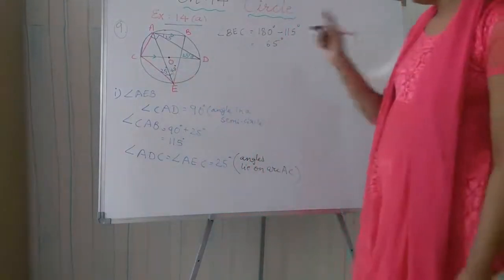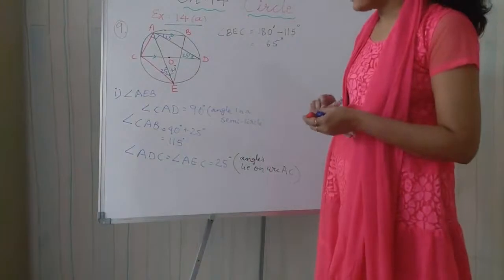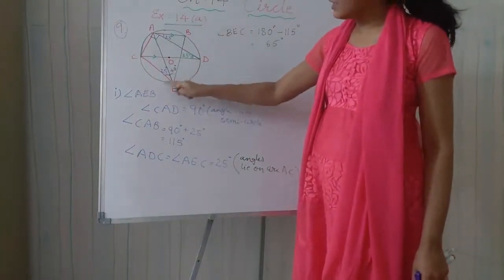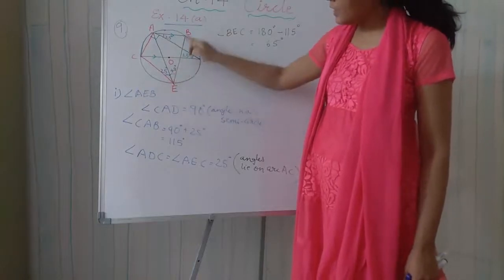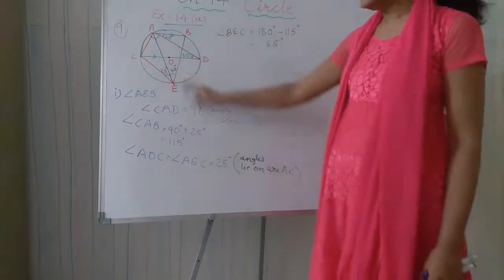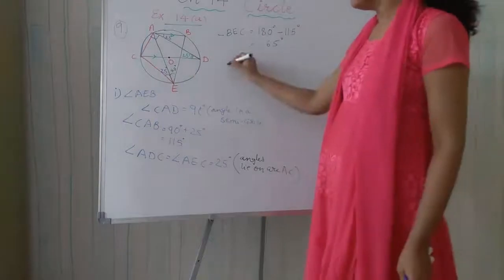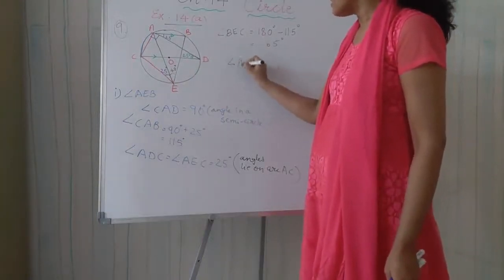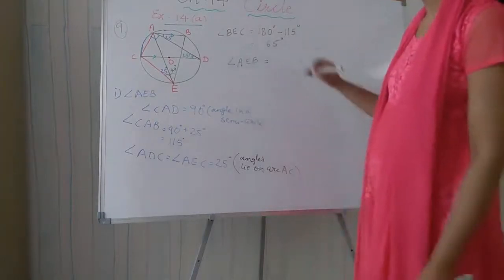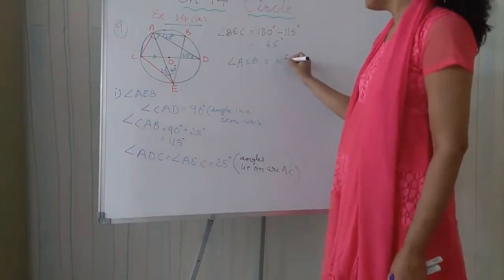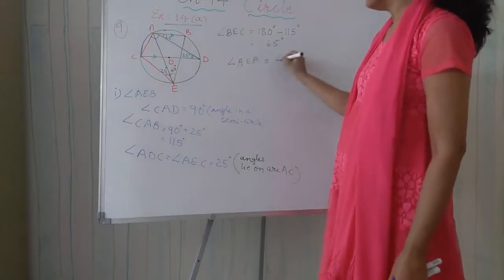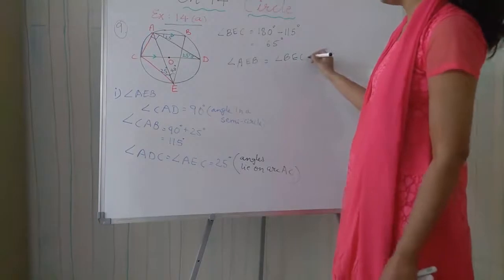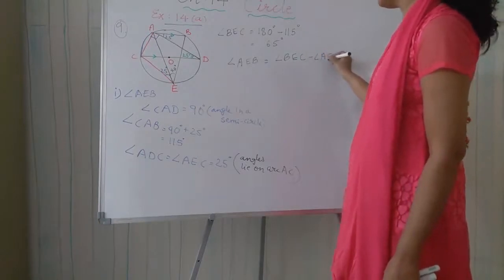So now what we are asked to get here is angle AEB, which I already found here. You see AEB angle I have written here 40 degree. So now I am writing here angle AEB. Angle AEB is equal to that is 65, or you can write angle BEC minus angle AEC.